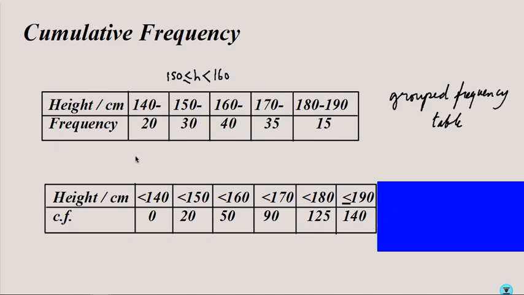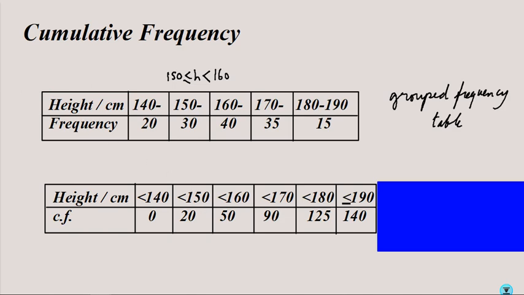So the sum of the frequencies is the value that appears in the last entry in this column. So we have seen how to move from a frequency table to a cumulative frequency table by simply adding the frequencies, or accumulating the frequencies.